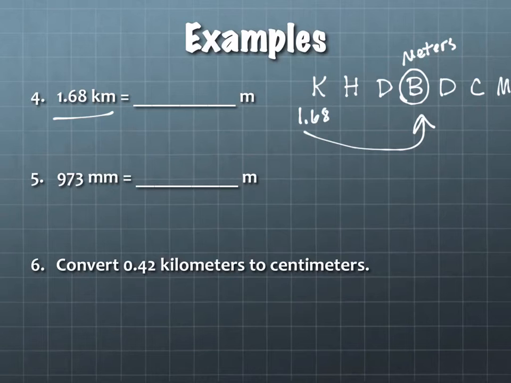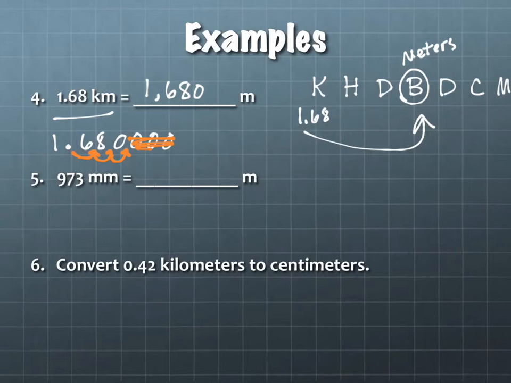So it's 3 decimal places. I take my number 1.68 and tack on however many zeros I want, but I just need to move the decimal 3 places. Here's 1, 2, and 3. I don't need these extra zeros. I end up with 1,680 meters.